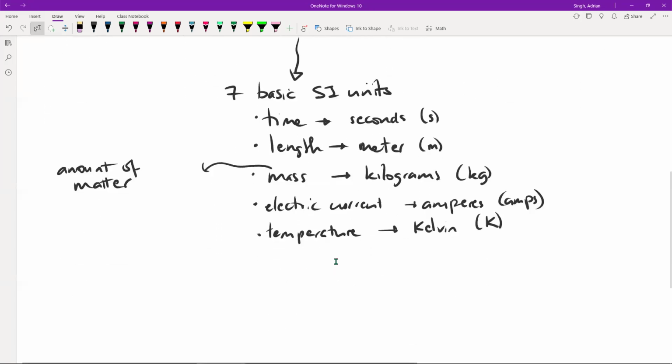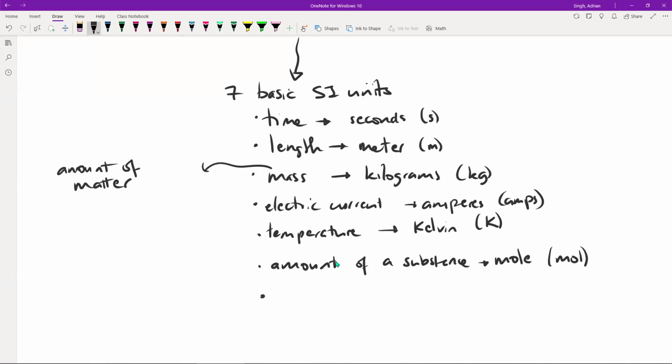We have a couple more. We have amount of substance. The unit for this is the mole, which is abbreviated mol. That's not much of an abbreviation, but that's what it is.